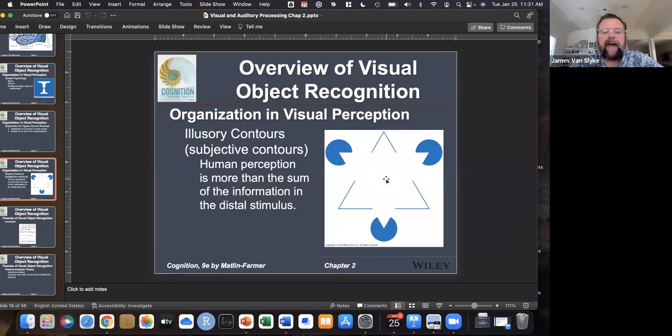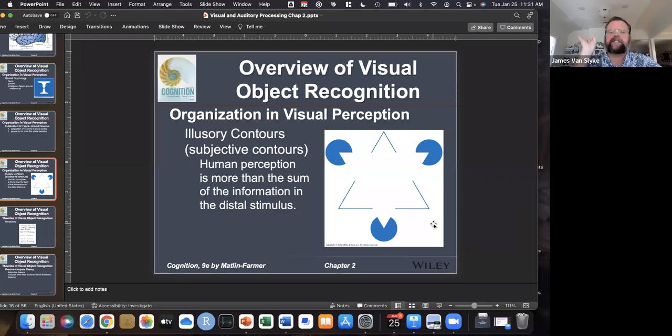And this is the idea that human perception is more than the sum of the information in the distal stimulus. So we have 6 different aspects of this distal stimulus that we make into a more complex whole. It's really a part of cognition, trying to make sense of what we're looking at.